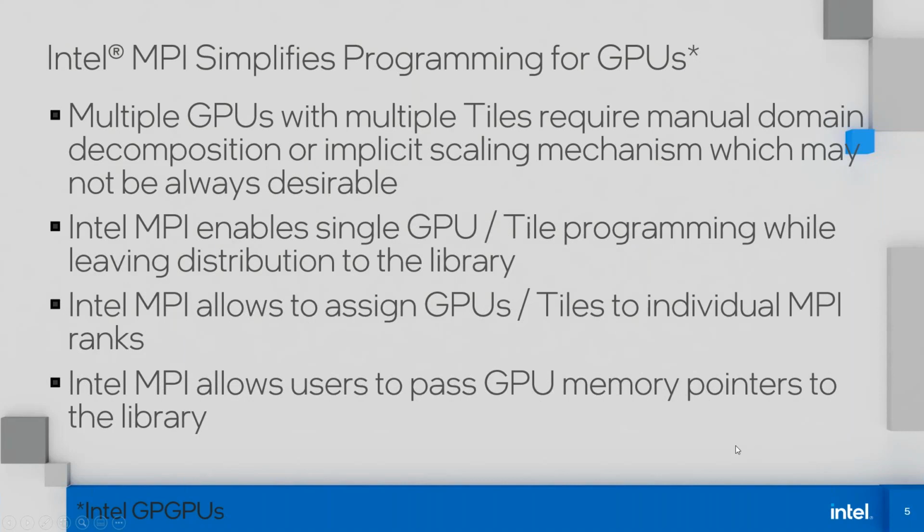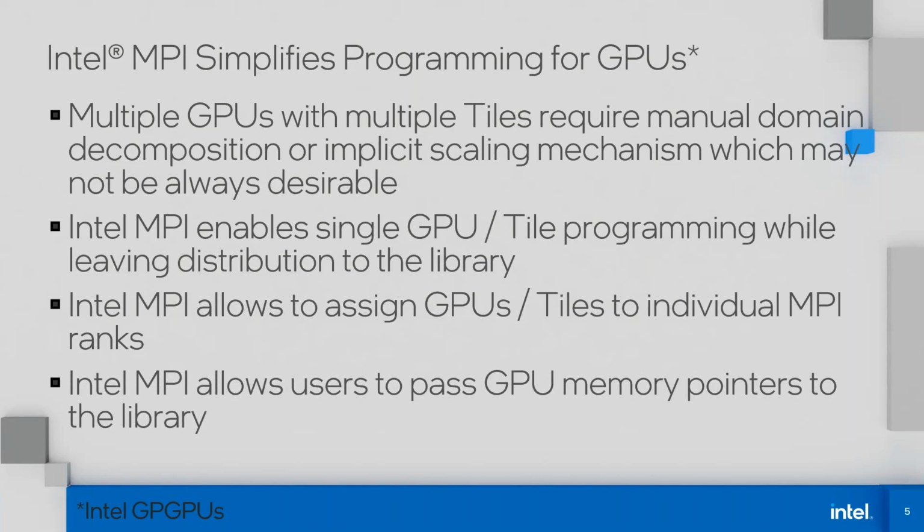It may require manually running domain decomposition or using some explicit scaling mechanism, which is not always desirable. Another aspect is efficiently sending data between different GPUs. These GPUs can be located on the same host or on different hosts, and you need different optimizations to support these cases.